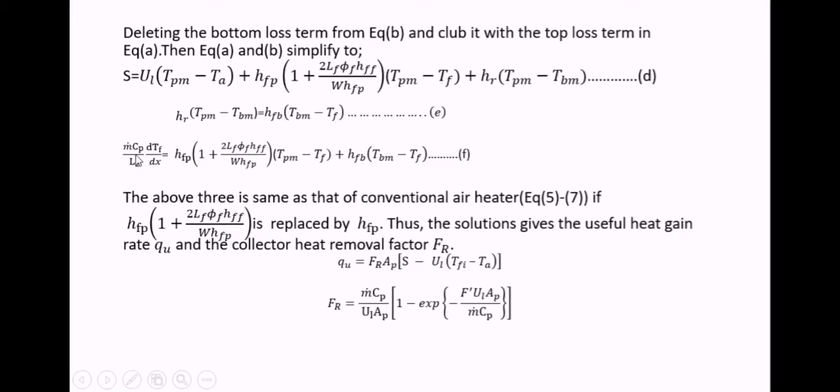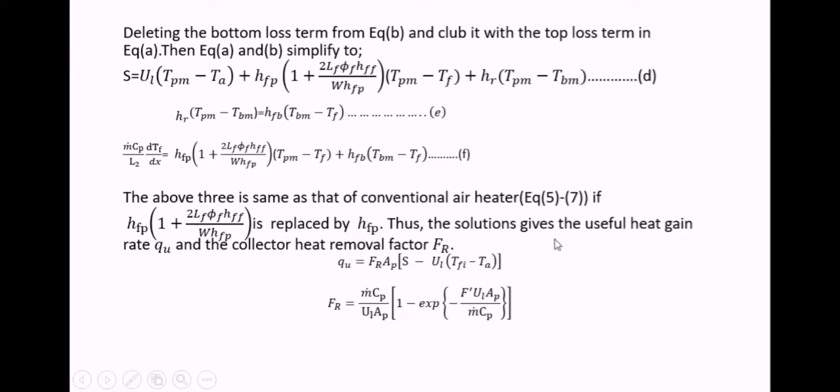Then the third equation is m dot Cp divided by L2 into dTf divided by dx, which is equal to HFP into 1 plus 2LF phi F HFF divided by W HFP into TPM minus TF plus HFP into TBM minus TF. The above three are the same as those of the conventional air heater, which are given by equations 5 to 7, if the term HFP into 1 plus 2LF phi F HFF divided by W HFP is replaced by HFP.